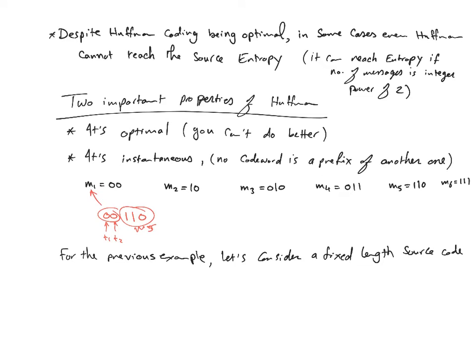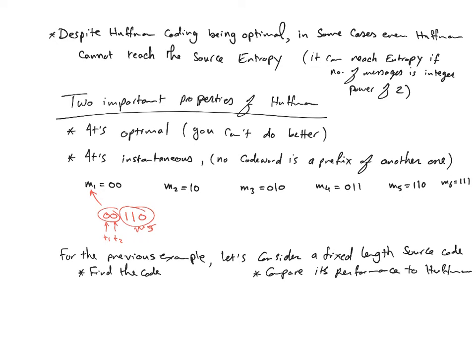Number 1, find the code. Number 2, compare its performance to Huffman. Okay, so let's do the first one. Find the code for a fixed length source encoding.